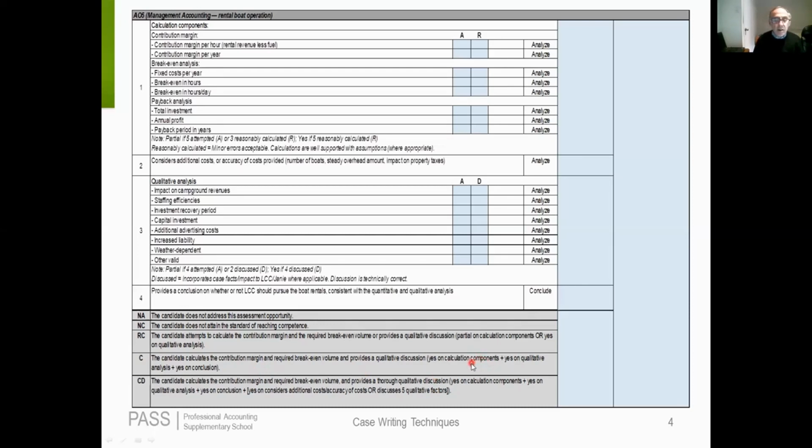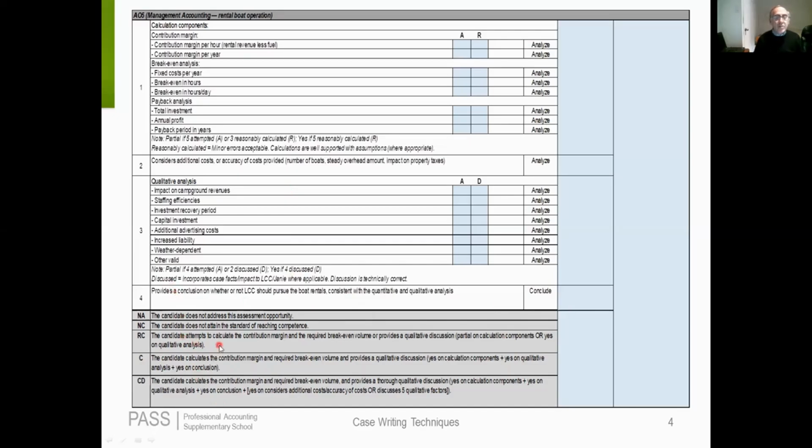So yes on calculation components, meaning 5 reasonably calculated numbers among the calculation component. I did a decent job and I hit 5 points in point number 1. Yes on qualitative analysis. I did a high quality discussion on 4 points in number 3. And then finally, yes on conclusion. I hit point number 4.